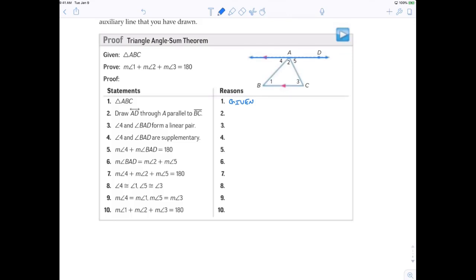It's just a matter of how you see it. Through any given point, there's exactly one line parallel to another line. So I agree with that? That's what I would put down. Through any given point, there is only one line parallel to BC, and that's the auxiliary line they're talking about. Their answer for number 2 was an auxiliary line.